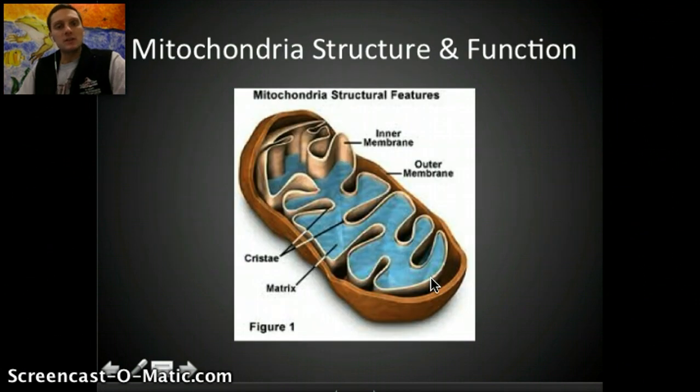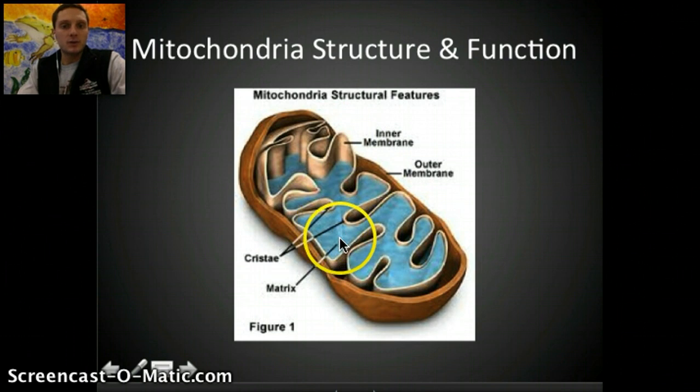To finish up our discussion of respiration, let's take a closer look at mitochondria and the specific portions of it, or the structure of it, in more specific focus. This image is not an electron micrograph, but it does a nice job of displaying the different parts of the membrane. We've talked about the inner membrane. We have the outer membrane, the matrix, and then the cristae, these foldy projections that fold from the inner membrane.